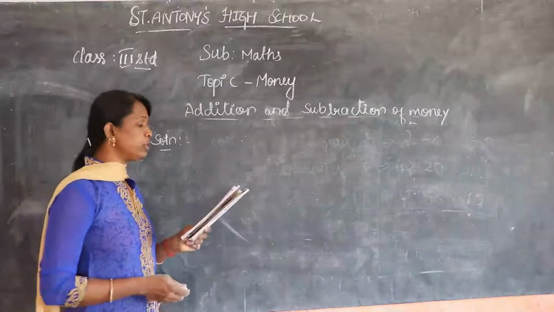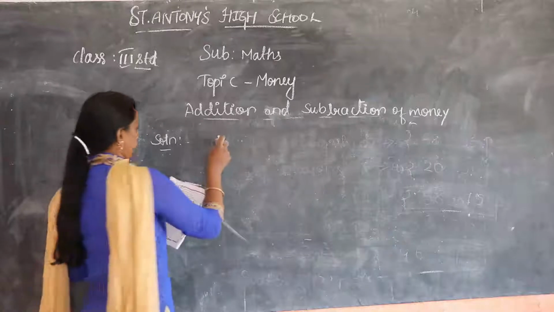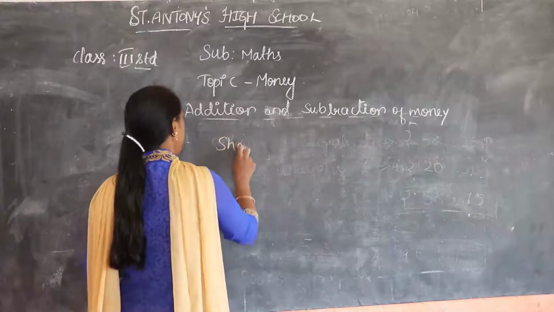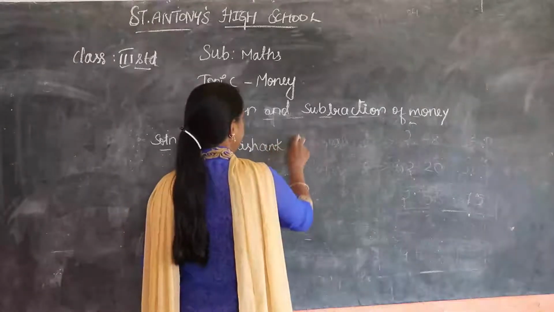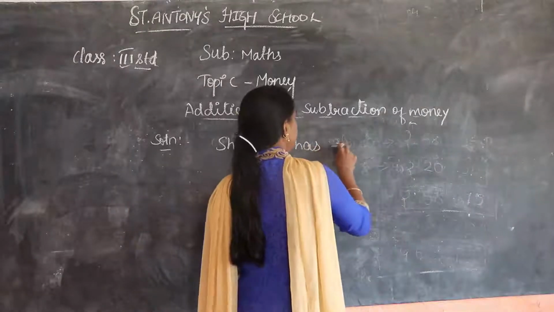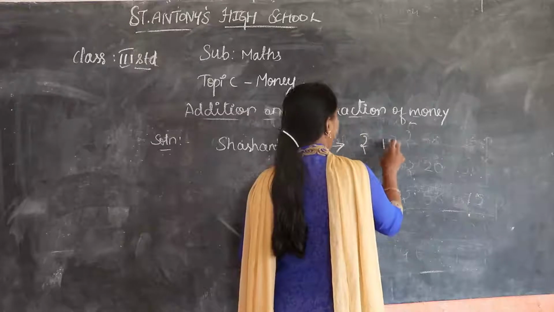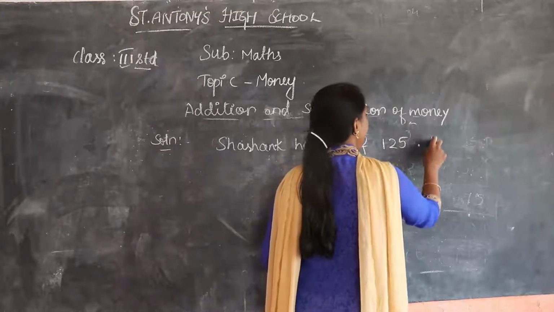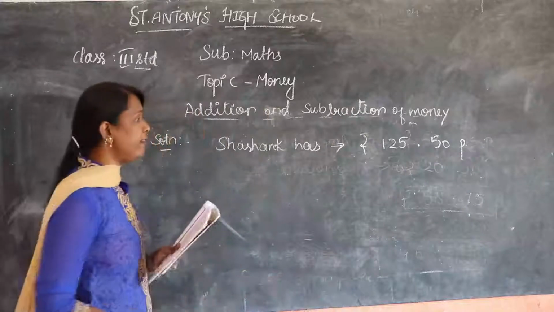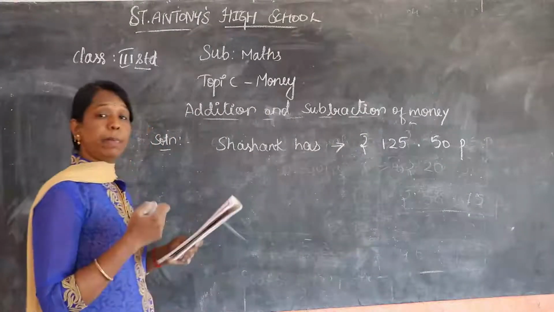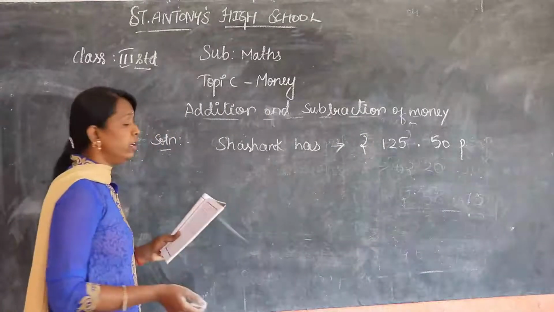How much money remains with him? Shashank has rupees 125.50, but he spent some money buying a doll.